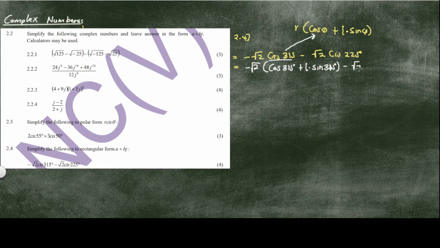Minus the square root of 2, cos 225 plus i multiplied by sine 225 degrees, close bracket, equal to minus the square root of 2, open bracket, cos 315.